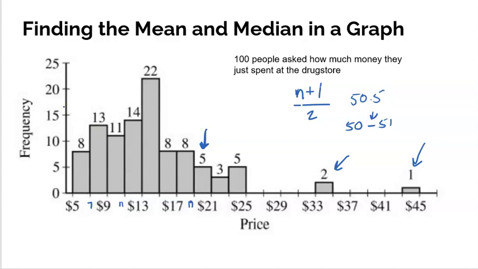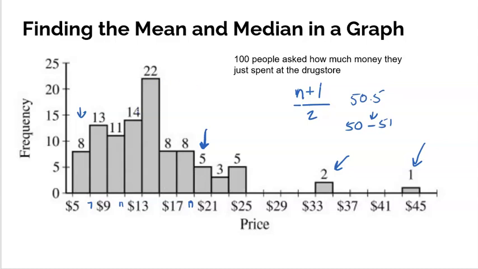Okay, so now you gotta kind of count with me here. We got 8 values in the first bin, plus 13 values in the second bin. So now we're at 21 values. Plus 11 is 32 values. Plus 14 is 46 values. Plus 22 is 68.